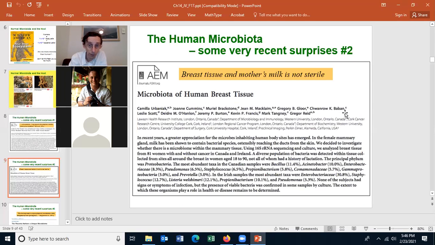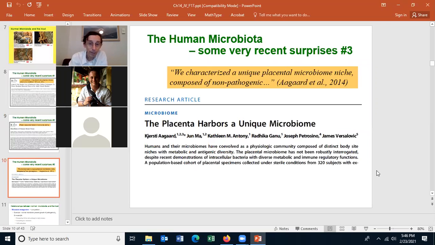It has a normal microbiota, so there will be bacteria growing in a human female breast and in the mother's milk. The placenta harbors a normal microbiota.